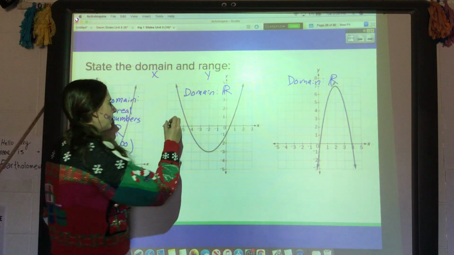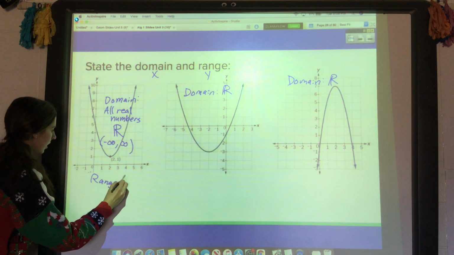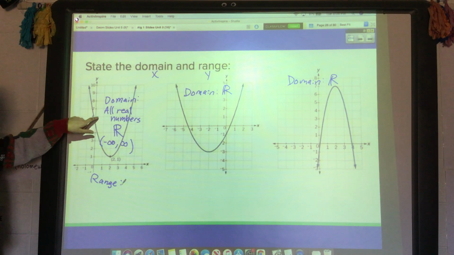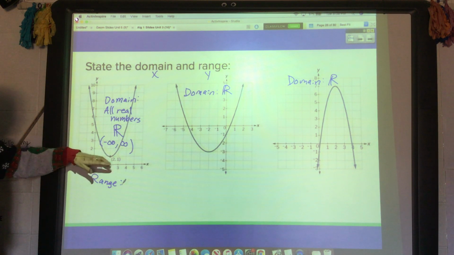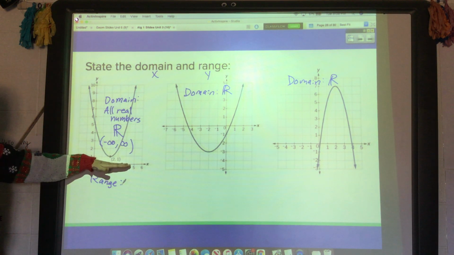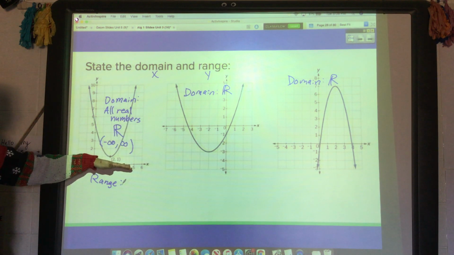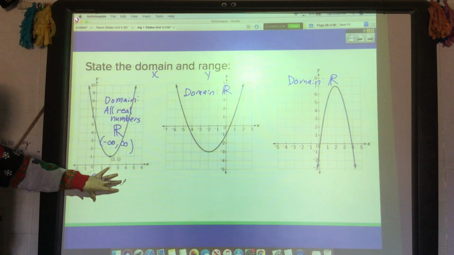Okay, the range is a little different on quadratics. Because notice that this parabola has a y value at 6 and 5 and 4 and 3 and 2 and 1, but anything below 1, this doesn't actually exist anymore. It's not possible for me to get any y values down here.